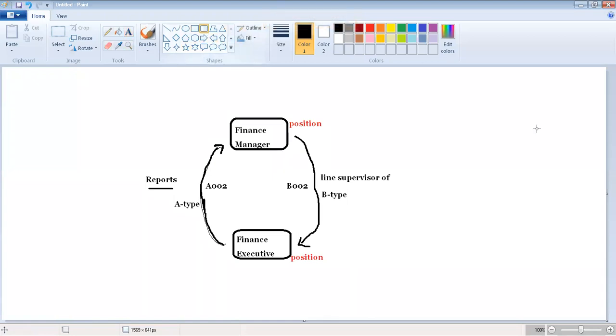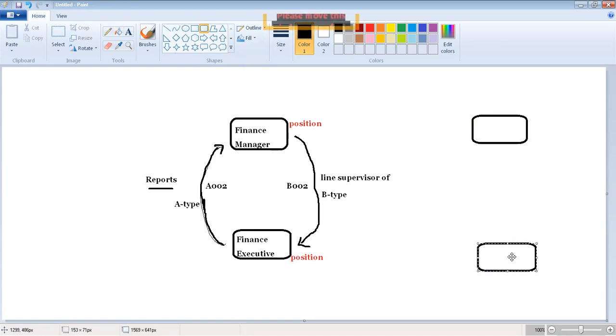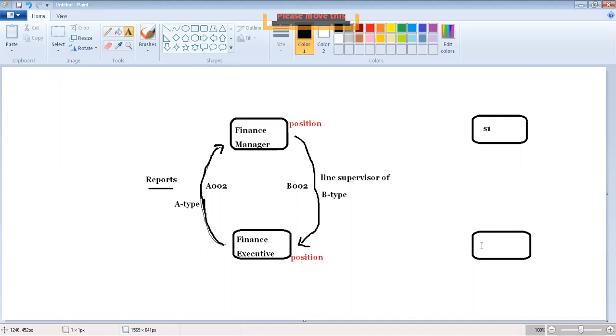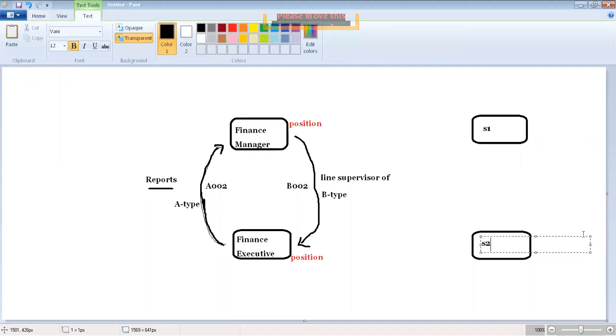Similarly, for example, if I create another thing, I'm creating these codes. Let me type here any position, say S1. Here I'm maintaining S2. Any two positions I'm maintaining.